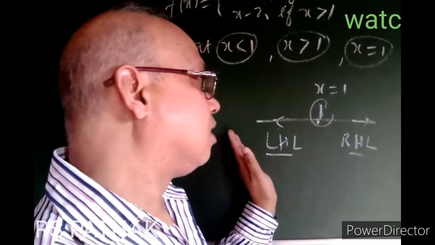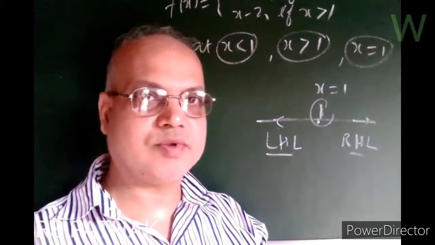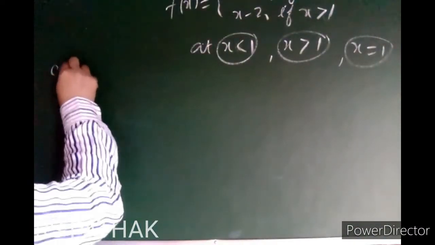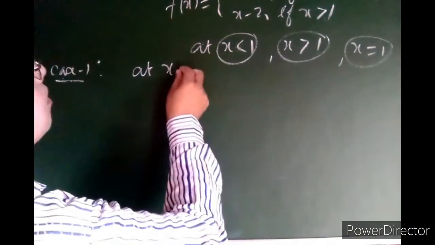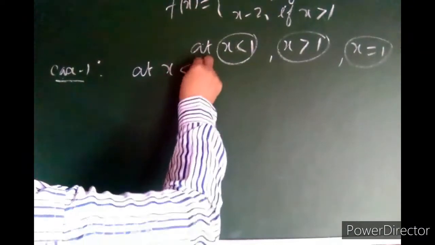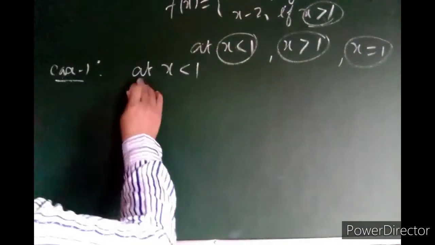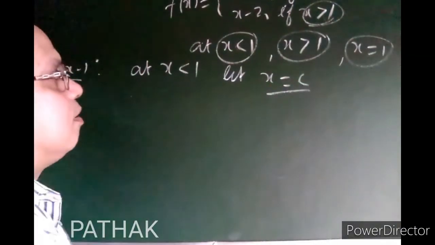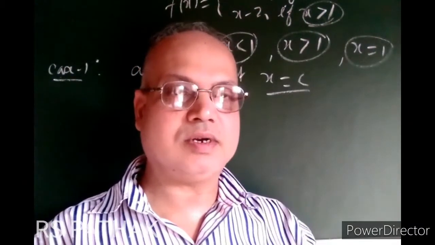On the left hand side the function will be continuous, on the right hand side the function will be continuous, but at x equal to 1 the function will not be continuous. Case number 1: x greater than 1. Let x equal to c. x greater than 1 means all the values which are greater than 1.